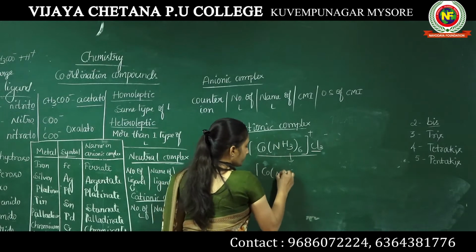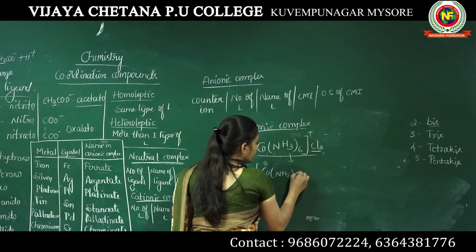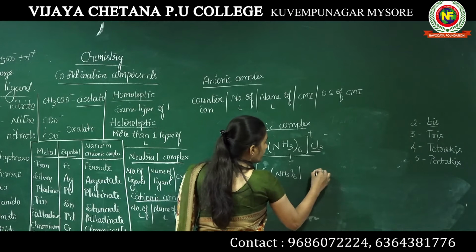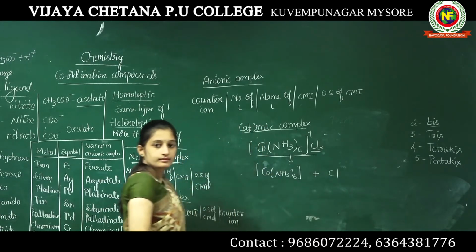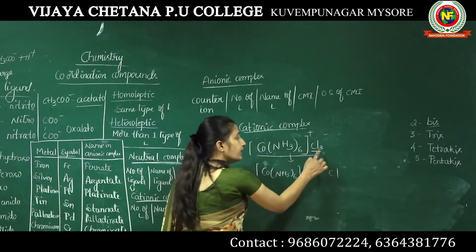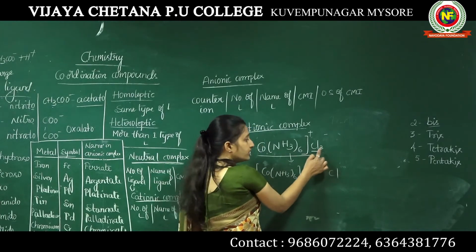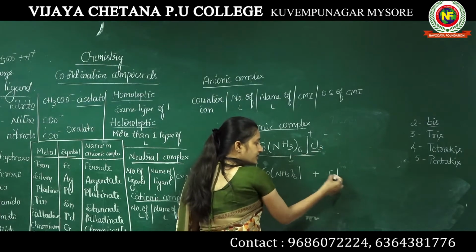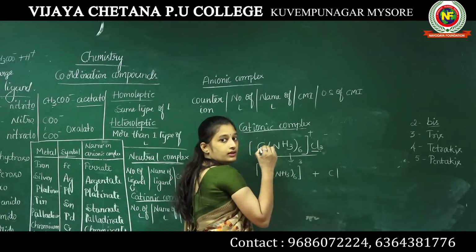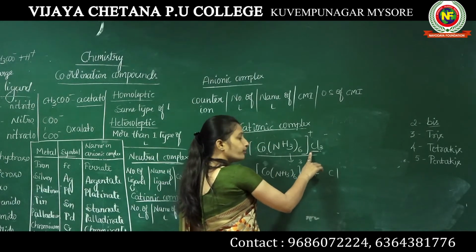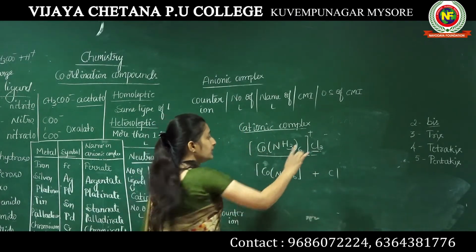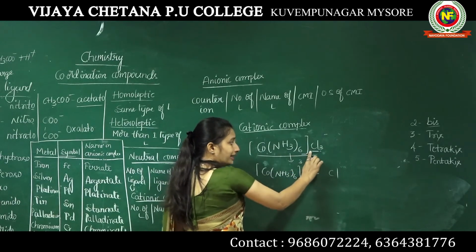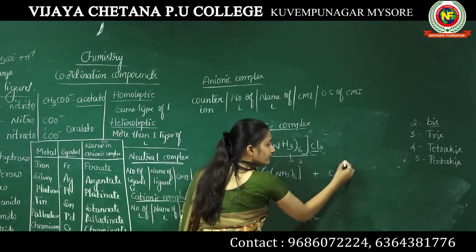Co(NH3)6 plus Cl, and Cl is there three times. This 3 will come to this side. Here there is nothing, which means 1, and this 1 will come here.